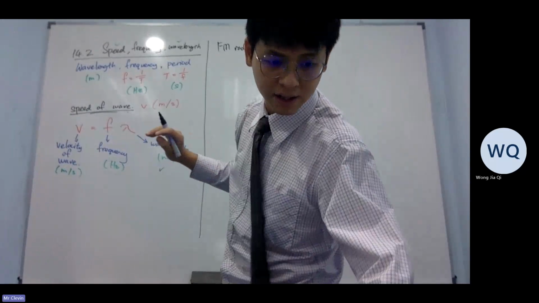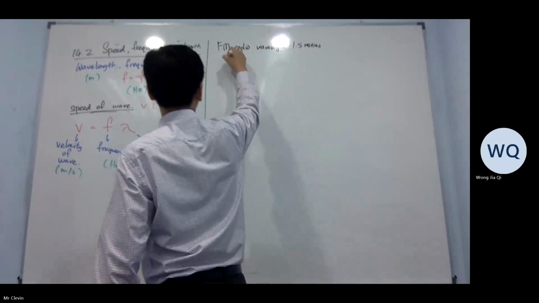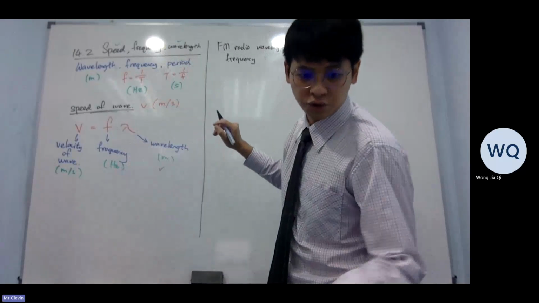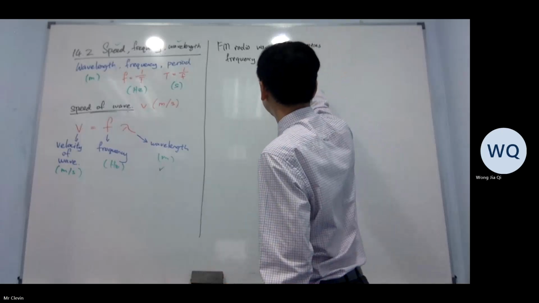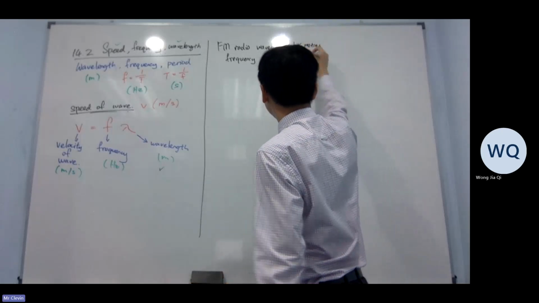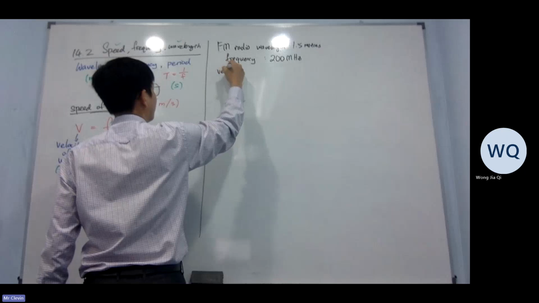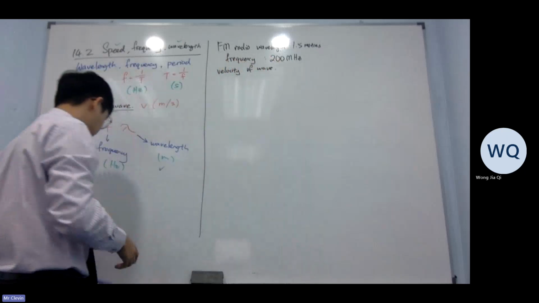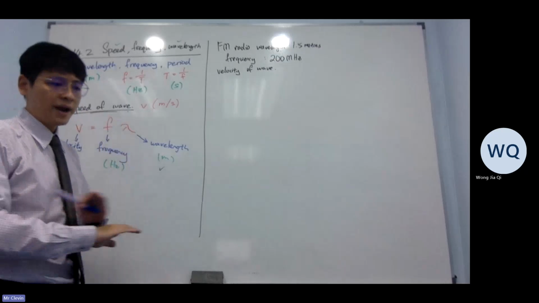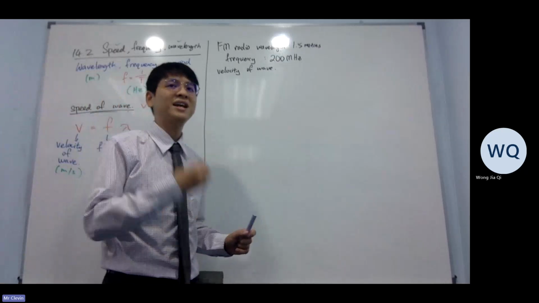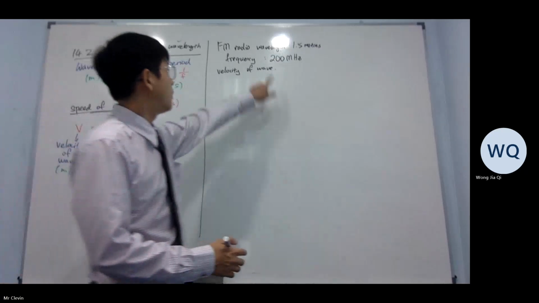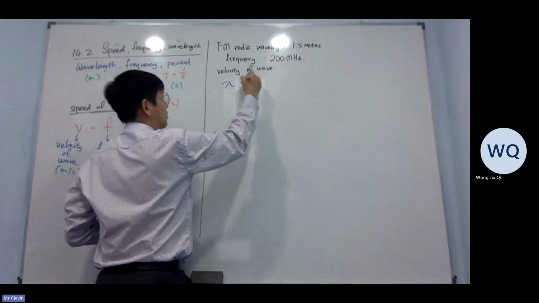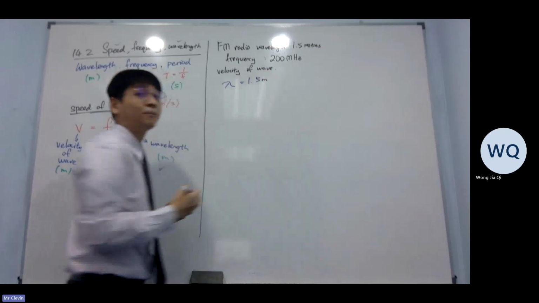And then they tell us that the frequency is equivalent to 200 megahertz. They want us to calculate the velocity of the wave. So first thing, always identify what we have, whenever you're doing any calculation in physics. The wavelength is 1.5 meter, so my lambda equals 1.5 meter, correct?